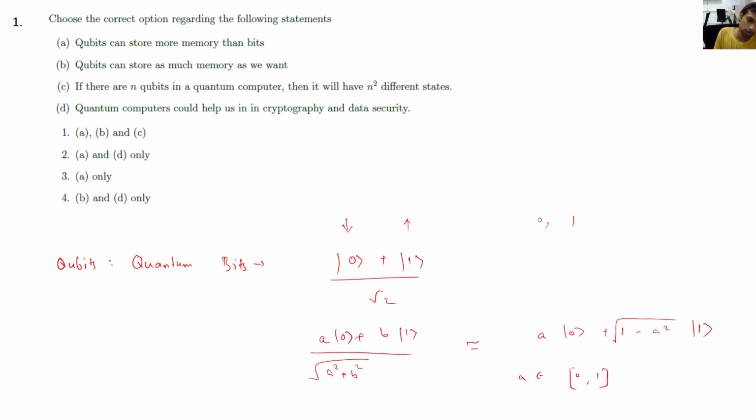So there are infinitely many values, and that is why it can store more memory than bits. So this is a correct statement: a qubit can store as much memory as we want.